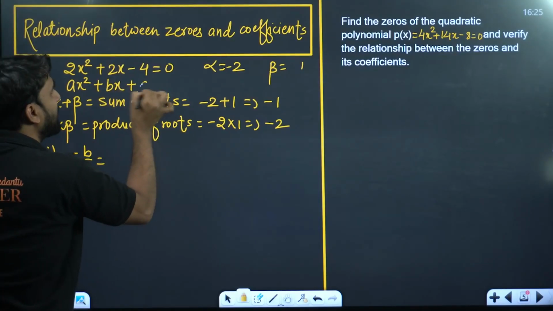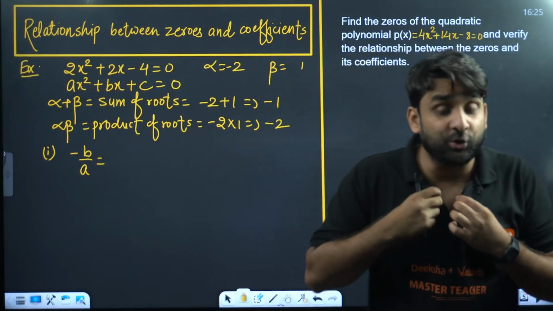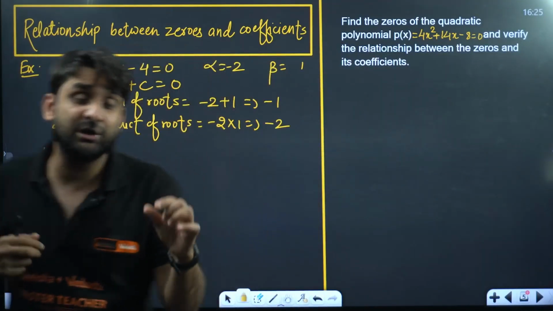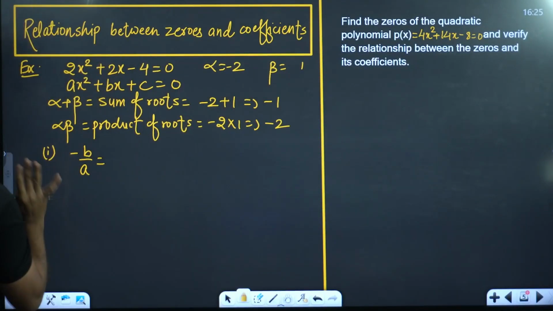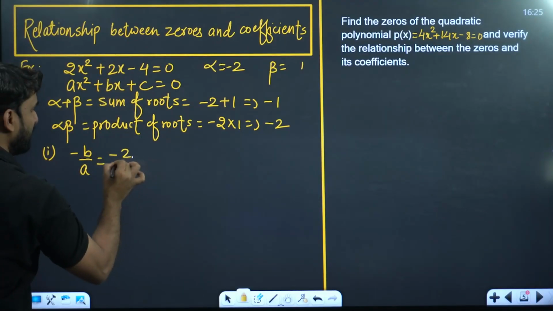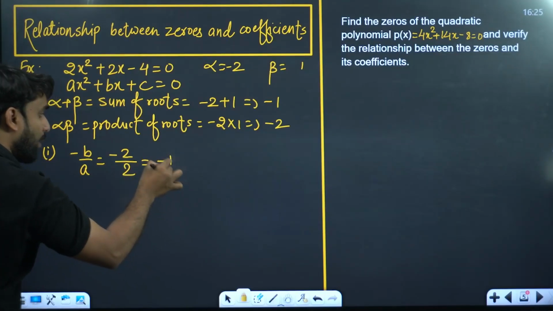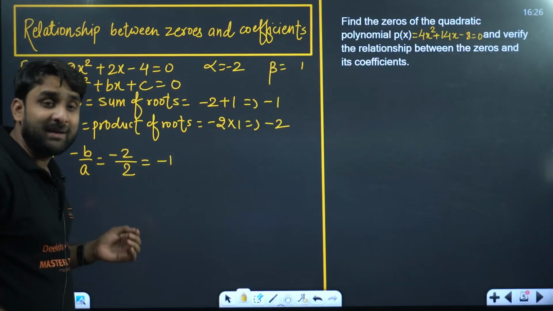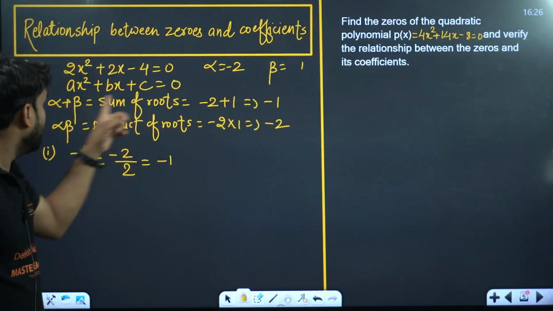I hope you remember, ax square plus bx plus c is equal to 0 is the general representation of a quadratic equation. If we compare this equation with it, b is 2, so -2 will be there, and a is 2. Oh my god, what is the result? Minus b by a is equal to -1, and -1 we already have as alpha plus beta.